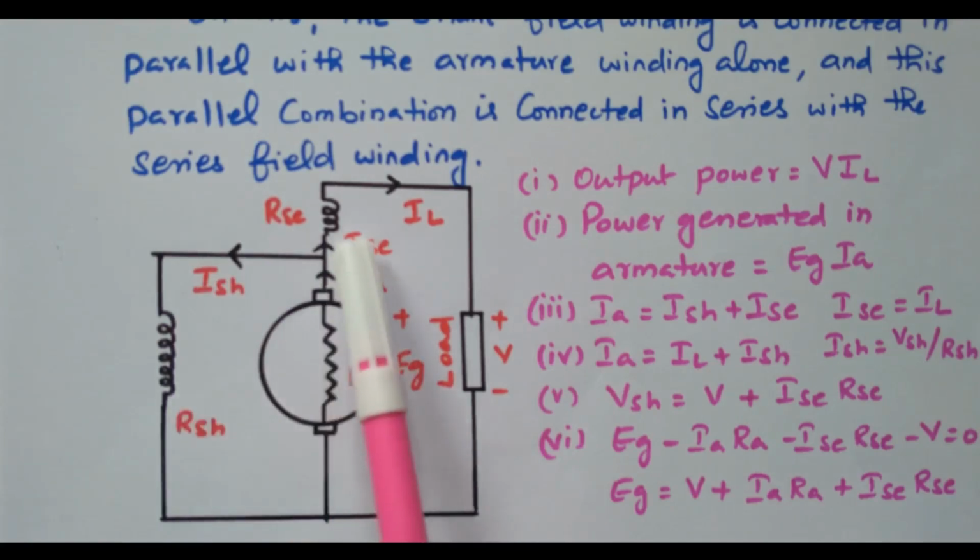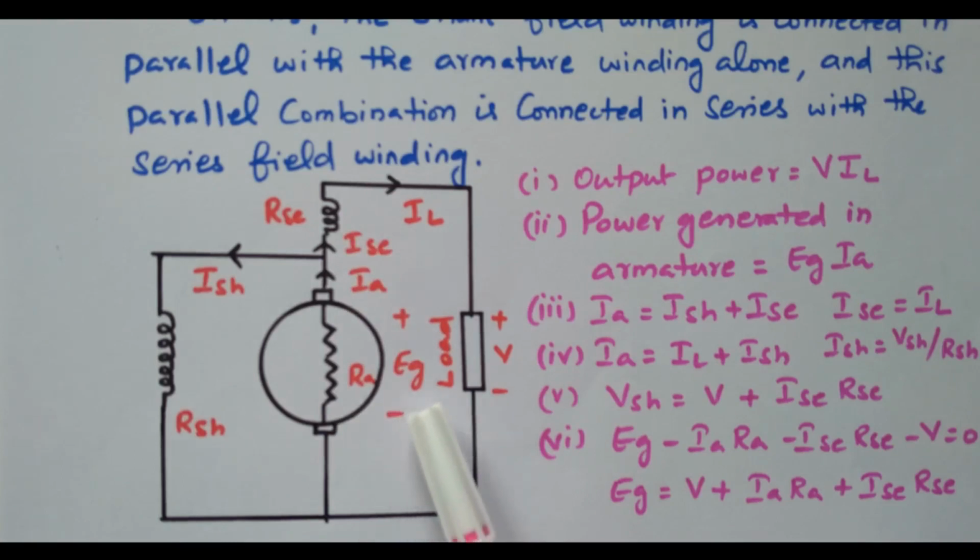After that only the series winding is connected, right? So what are the parameters available? This EG is the generated voltage, V is the voltage available at the load terminal. After the drop, the remaining voltage will be available at the load terminal. This RA is the armature resistance. This IA is the current flowing from the armature.